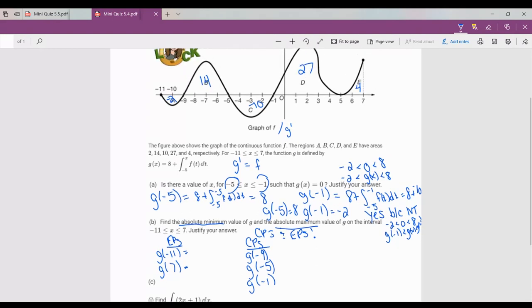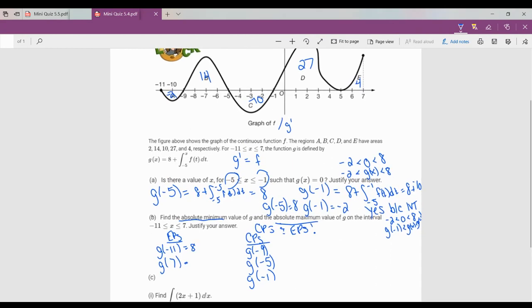So we've got g of negative 11: 8 plus the integral from negative 5 to negative 11. If we start at negative 5 and go to negative 11, that's going backwards, so we switch the signs. We've got 8 plus negative 14 plus 2, so g of negative 11 equals negative 4.